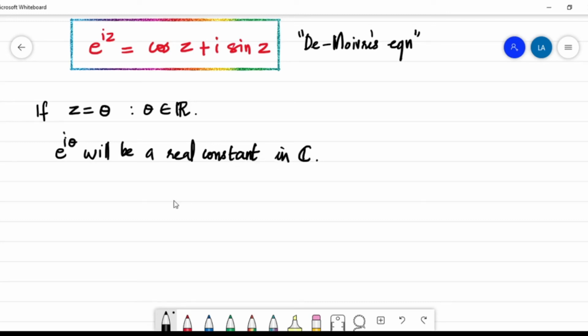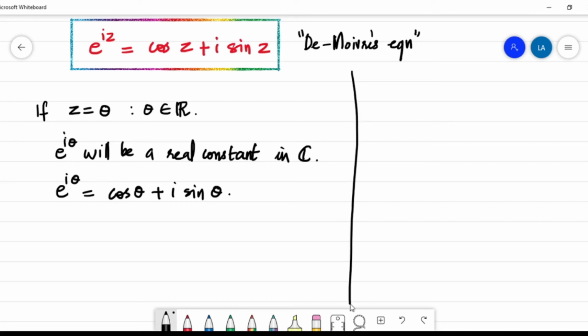Now think about e raised to i theta. We said that e raised to i theta is equal to cos theta plus i sin theta. Now let's just give a recap of things we have done earlier.